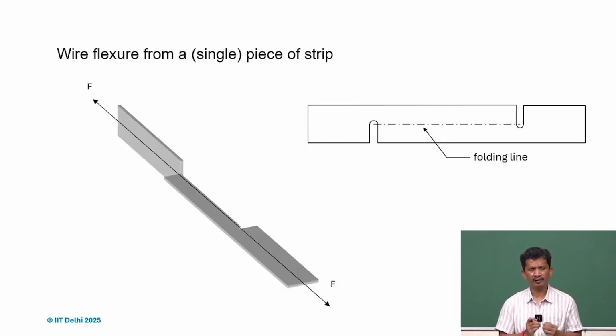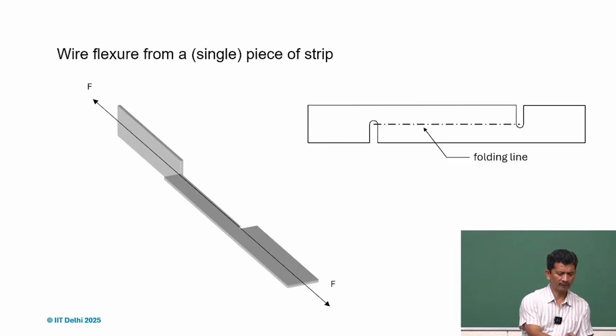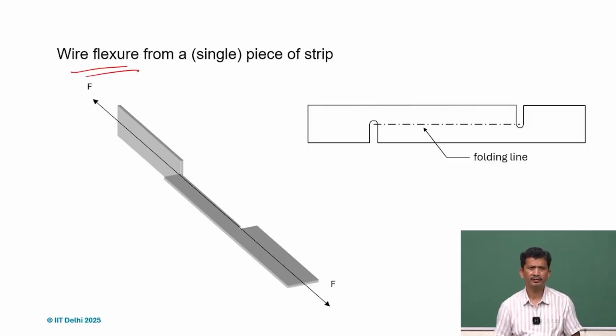Yes, we understand that wire flexures are a very good element, and they can provide one constraint, and we can use them as a building block to make different kinds of compliant mechanisms with different degrees of freedom. So that's how we can use them, but we also realize that they have certain limitations.